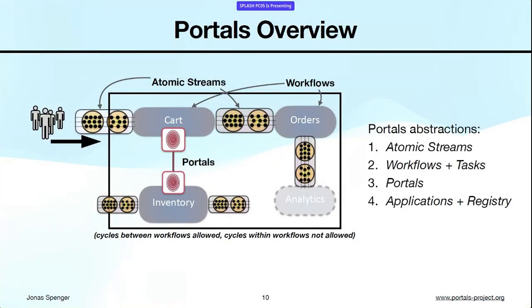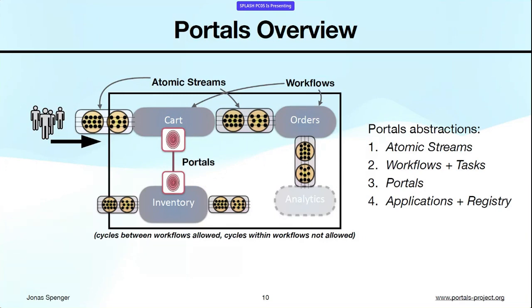Yeah, this is an overview of our concepts. Here we can see the services we had before: the cart service, the order service, and the inventory. These are workflows, we call them. And workflows are stateful dataflow pipelines. Then we have atomic streams, which are like distributed streams that connect the workflows together.